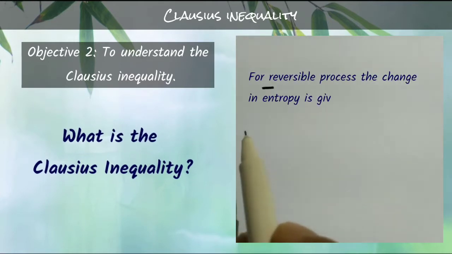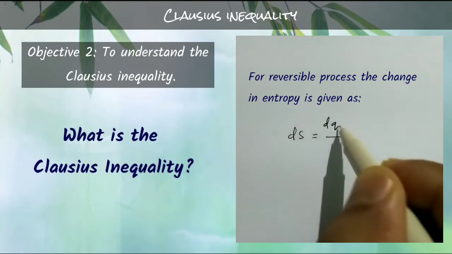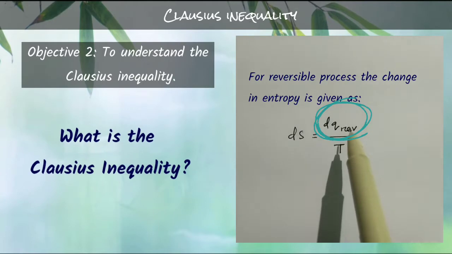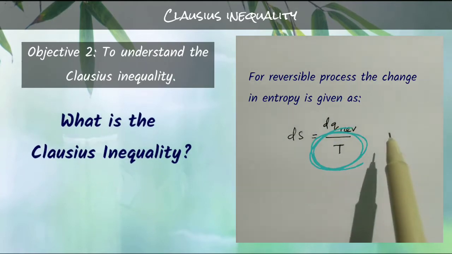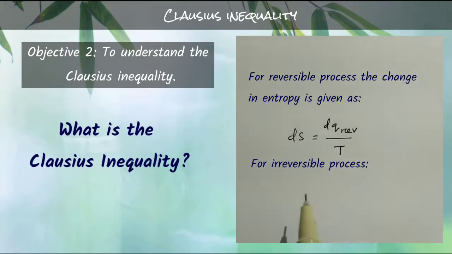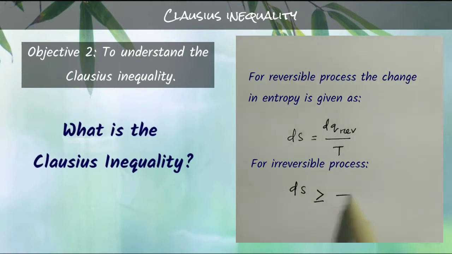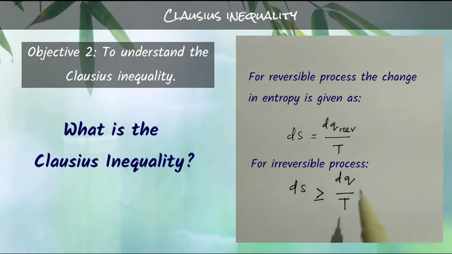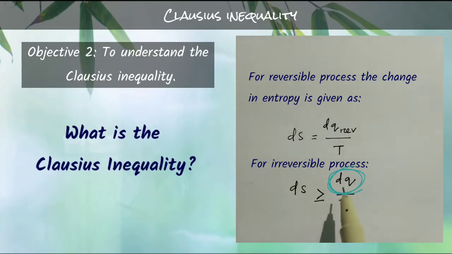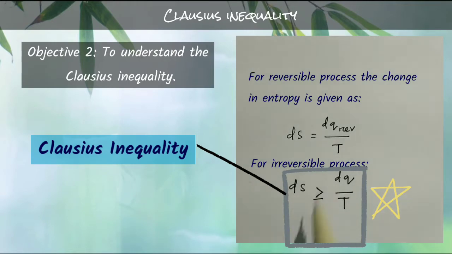We know that for a reversible process, the change in entropy, dS, is equal to dq reversible divided by T, where dq reversible is the heat change for the reversible process at the temperature T. If the process is irreversible, then the equation becomes dS greater than or equal to dq by T, where dq is the change of heat during the irreversible process at the temperature T. This inequality is known as the Clausius inequality.